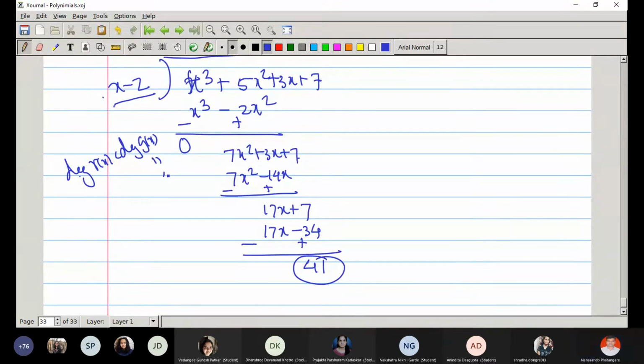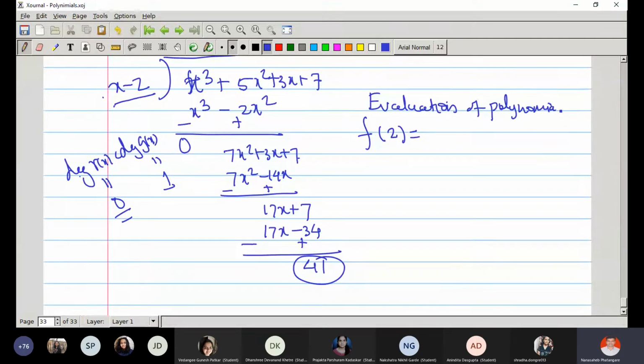But moreover, if you evaluate this polynomial at 2, what is f of 2? I am just evaluating the polynomial at 2. So evaluate polynomial at 2 means what? If I substitute x is equal to 2, then what happens? 2 cube plus 5 into 2 square plus 3 into 2 plus 7.